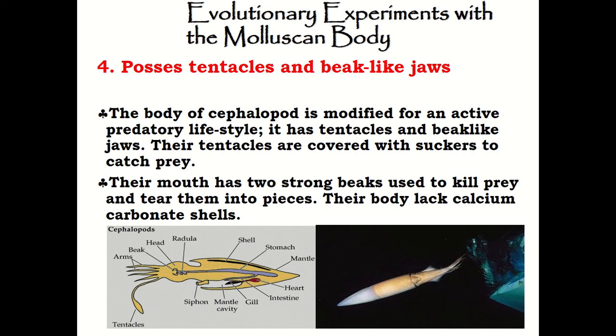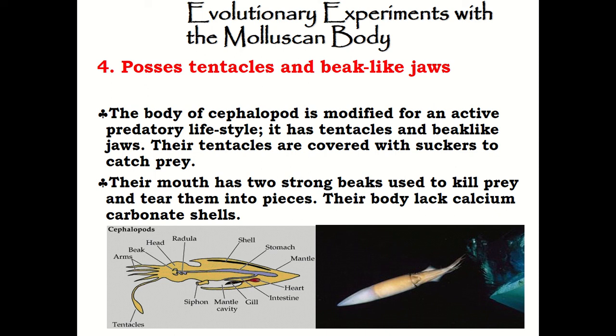Next is mollusks that possess tentacles and beak-like jaws. Okay, so in the class of cephalopods, their body is modified for an active predatory lifestyle in which they have tentacles and also beak-like jaws.